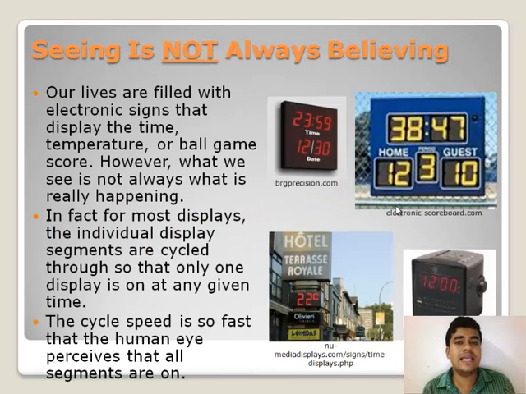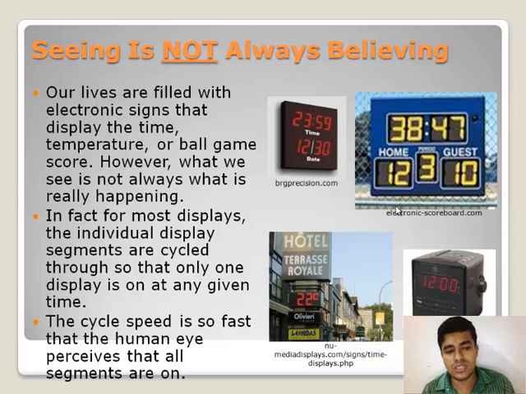Next we will see that seeing is not always believing. Here I am going to explain how, in the digital world, the multiplexer and demultiplexer are advantageous over the previous approach. Our lives are filled with electronic signs that display the time, temperature, or ball game score. However, what we see is not always what is really happening.